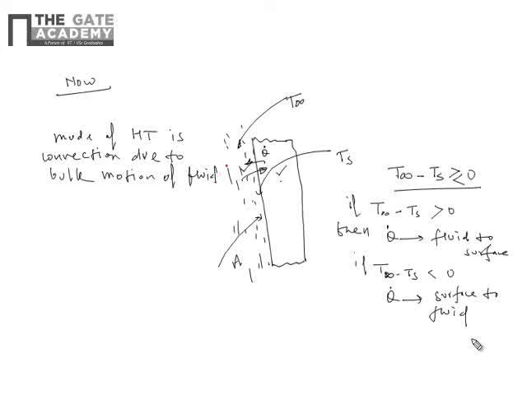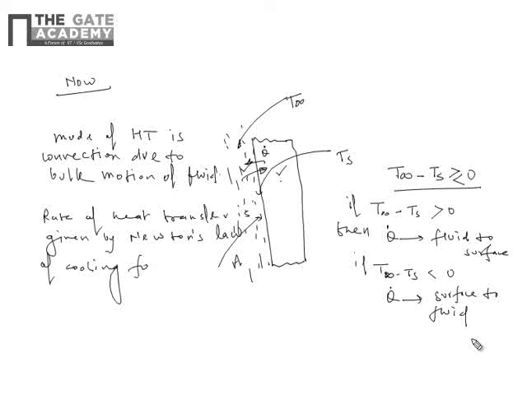So, the rate of heat transfer is given by Newton's law of cooling for convection heat transfer. Remember this. So Q dot convection is hA(Ts minus T infinity), right?